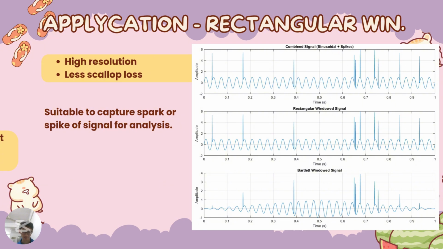An additive composite signal acts as the signal produced when a machine is switched on, the first composite signal. The second signal response is windowed by the rectangular window, while the third signal response is windowed by the Bartlett window.